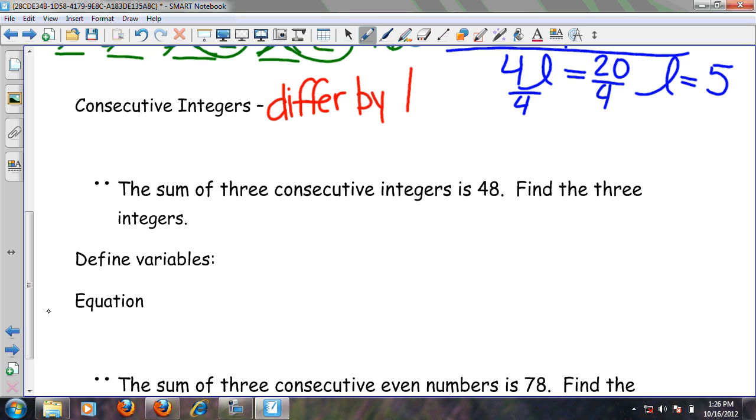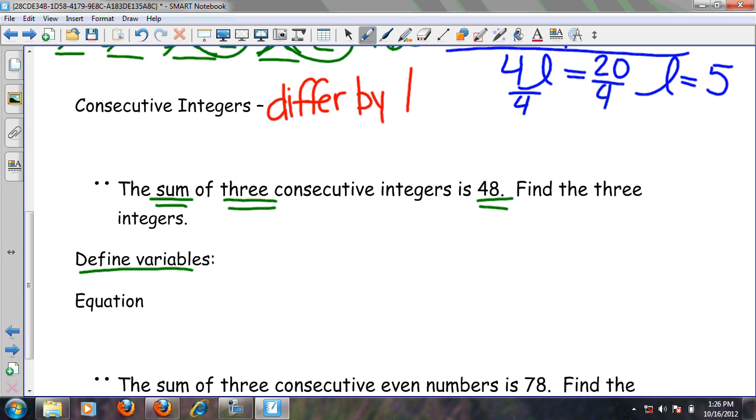If you notice on page 159, example 2, they talk about defining the variables. Here's our question. The sum, keyword, of 3 consecutive integers is 48. Find the 3 integers. I need to define variables.